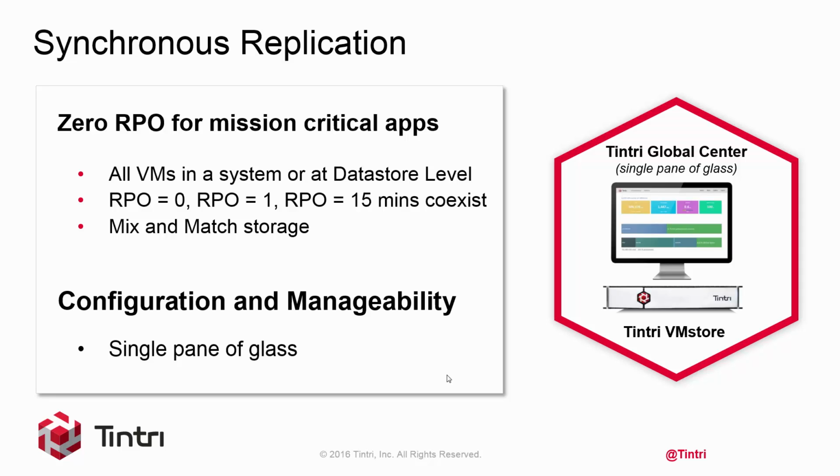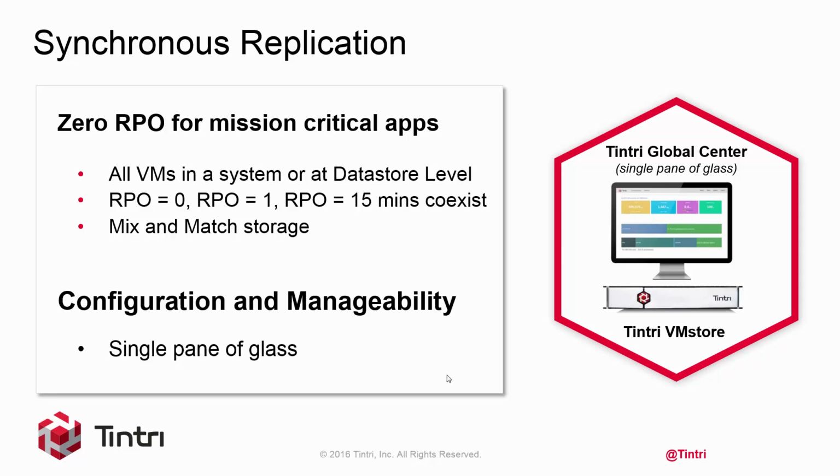It'll also work with the T600 and T500 series products as well, but you can mix and match all these different series of storage. The other important thing, and you're going to see this live in a few moments, is the configuration and manageability is carried out through something we call Tintri Global Center, and it represents a single pane of glass for monitoring, managing, and configuring one or more Tintri VM store systems.